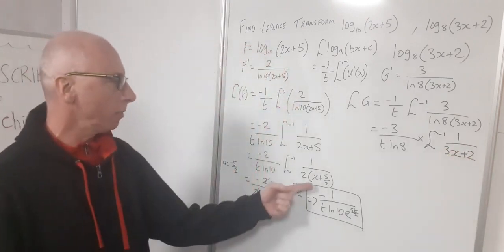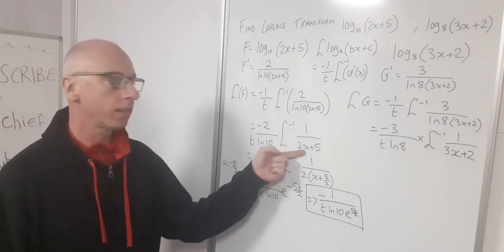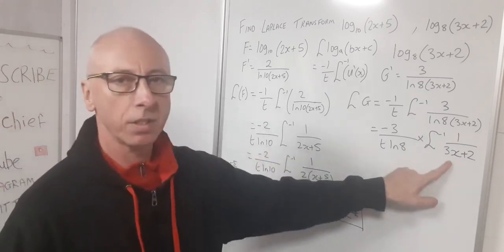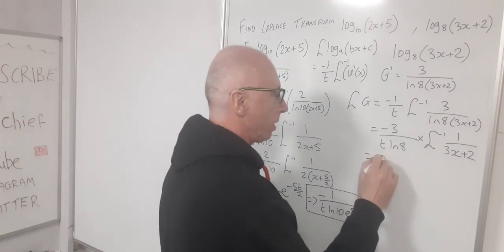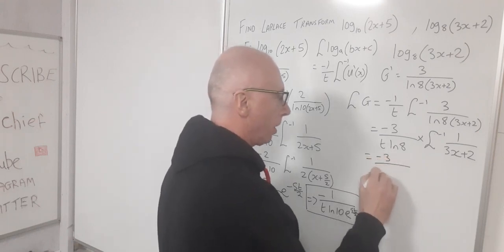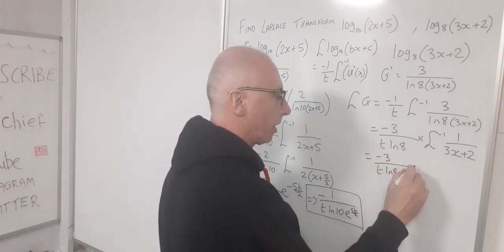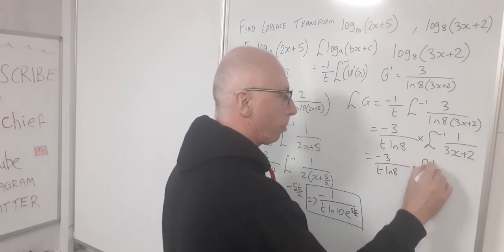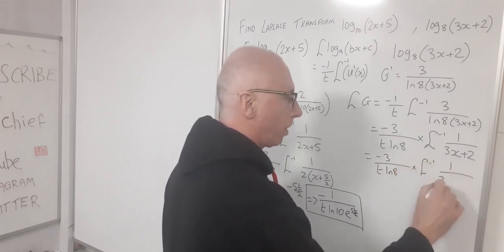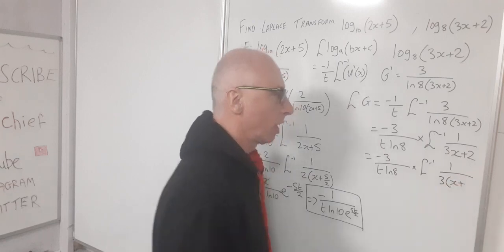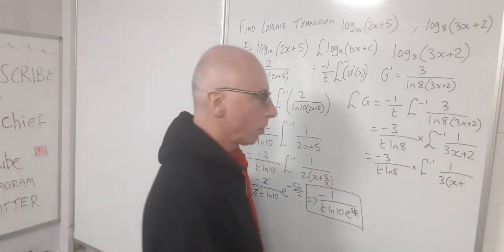Okay, so as we had with this one before, we need to get this constant before the x taken out. So now we write this as minus 3 over t ln 8 times the inverse Laplace of 1 over 3 times x plus, now factoring out the 3, 2/3.